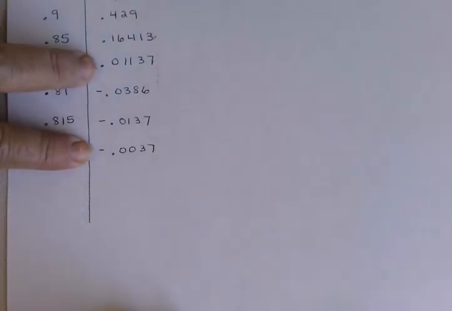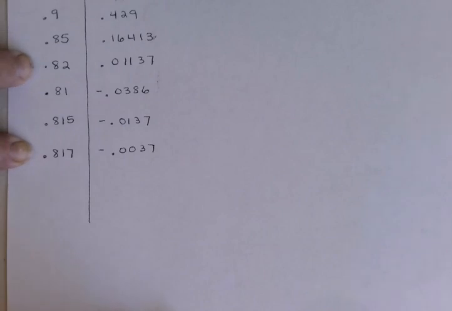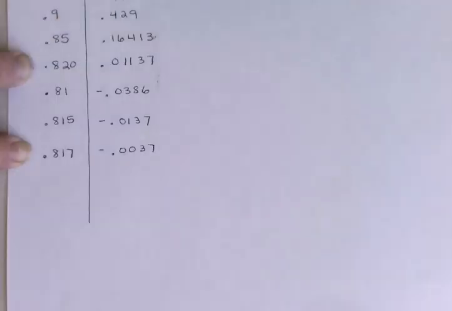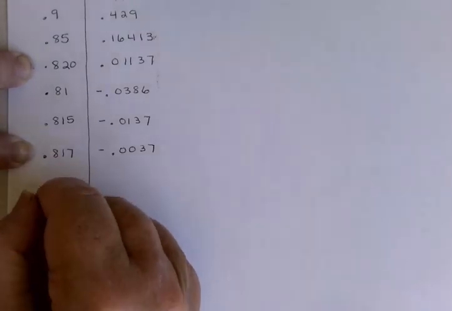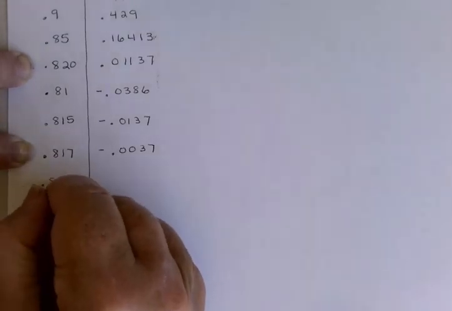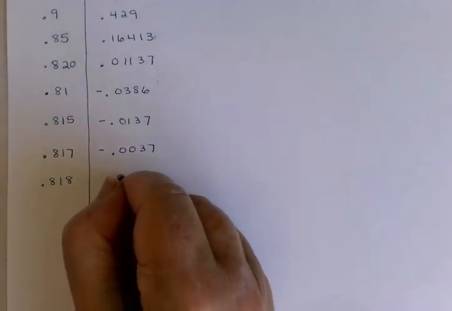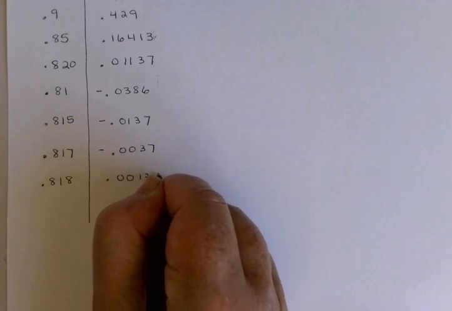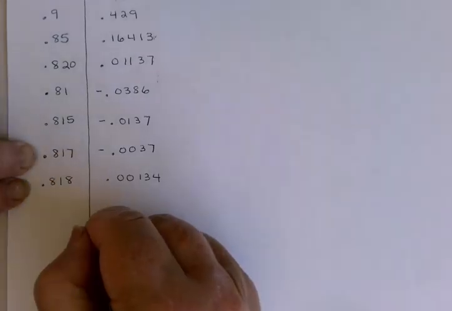So 0 is between there and there, between 0.817 and 0.820. Let's try 0.818. That gave me 0.00134. So now I know I'm between these two, between 0.817 and 0.818.